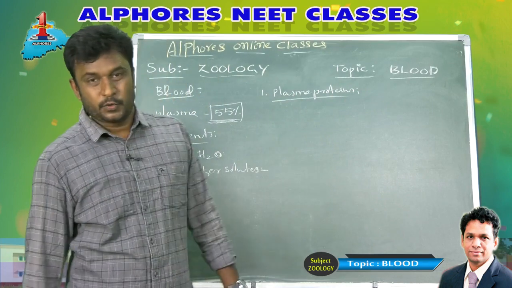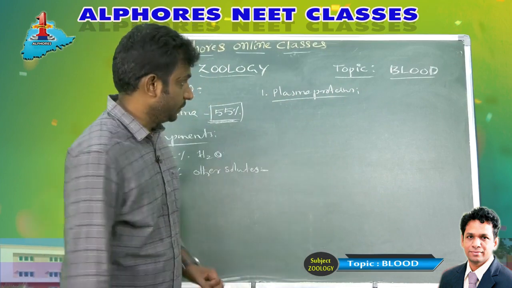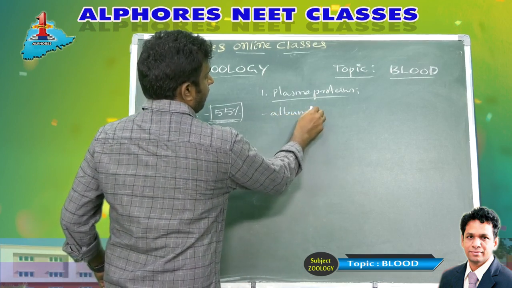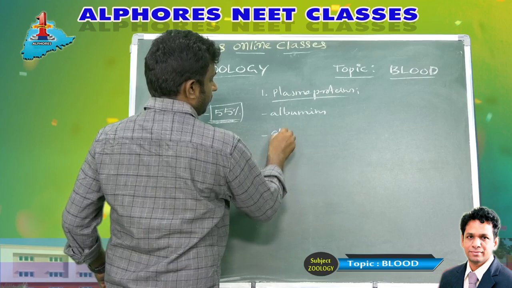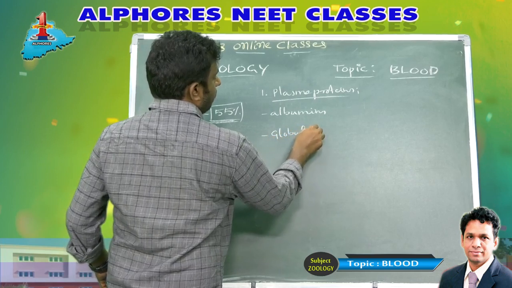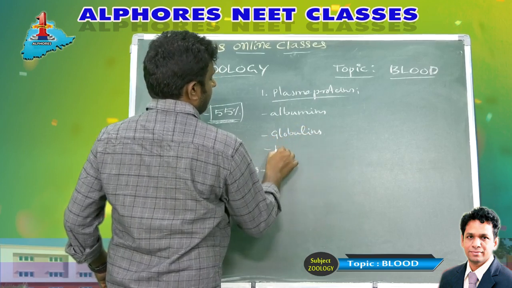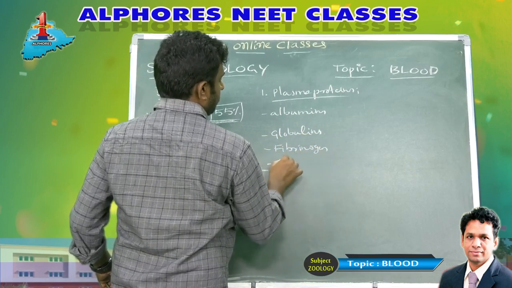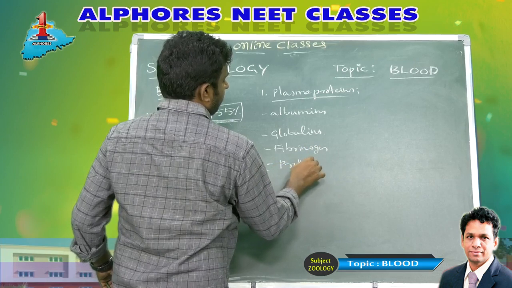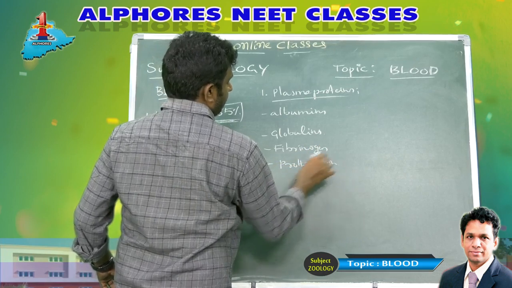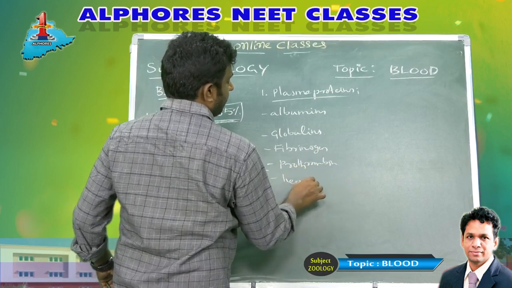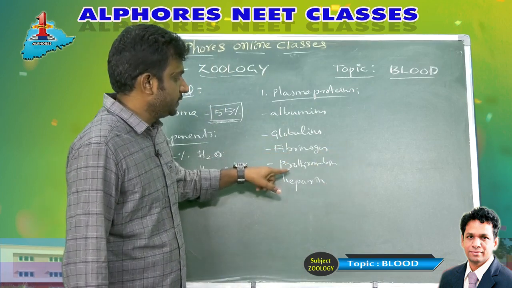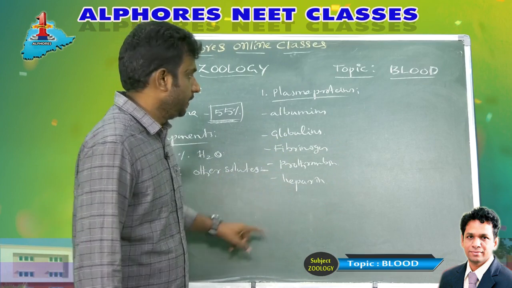In the plasma, proteins are present which are called albumins, globulins, fibrinogen, prothrombin, and then heparin.